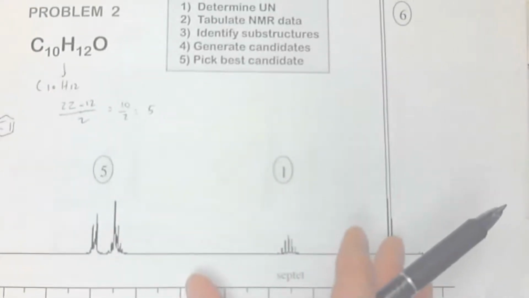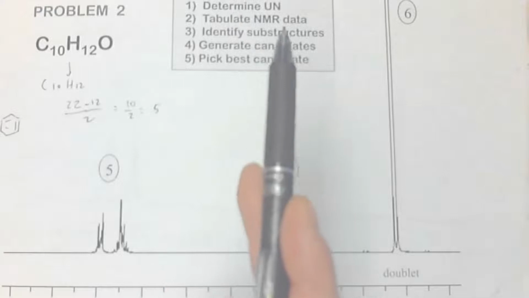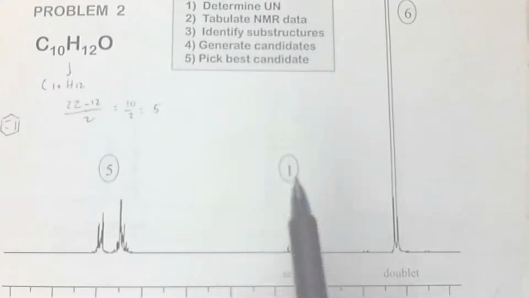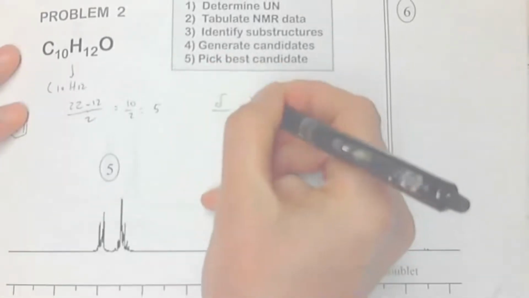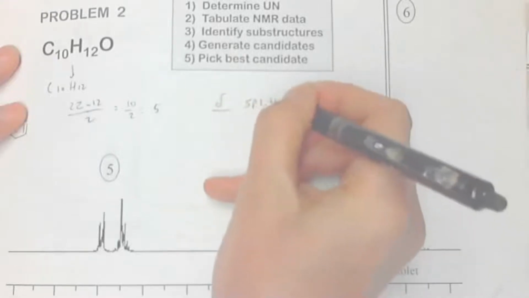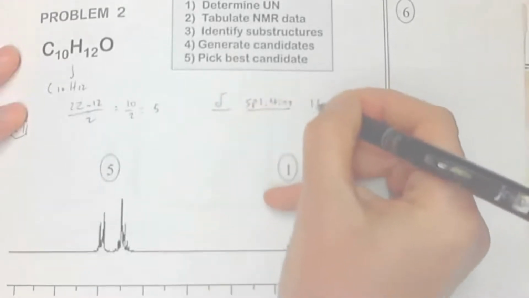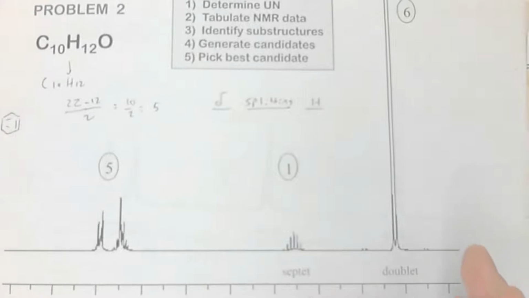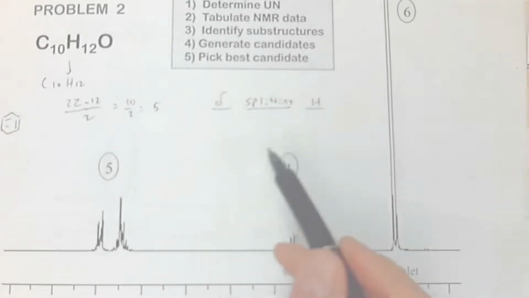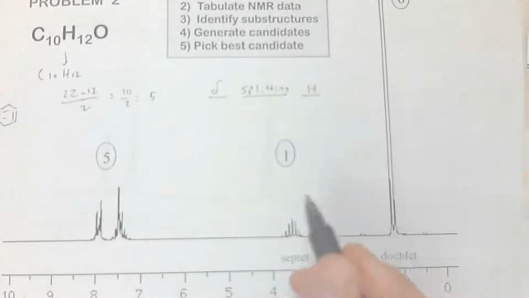Let's keep going though. We started with UN equals 5. We tabulate the NMR data. So now I'm going to do delta splitting H. Delta splitting H, okay? Delta. This time I'm going to start on the right arbitrarily. 1.2.